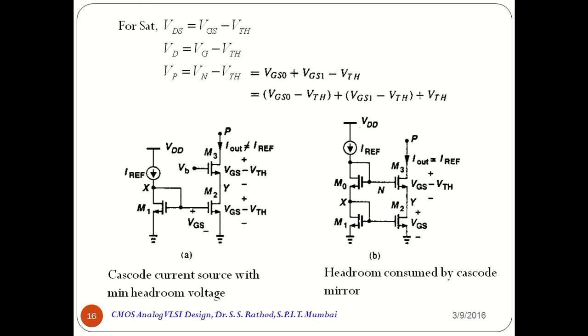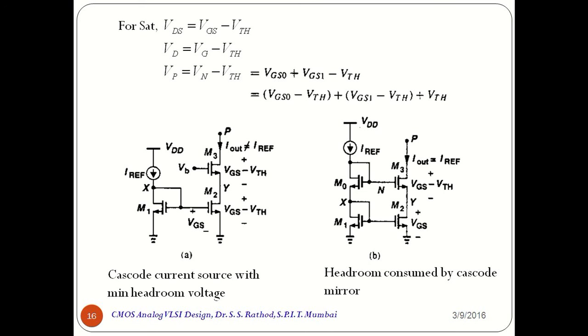So the second figure B tells you that I out will be equal to I reference if and only if you have Vp equal to VGS0 minus VTH plus VGS1 minus VTH plus VTH. That means it is going to consume one headroom.